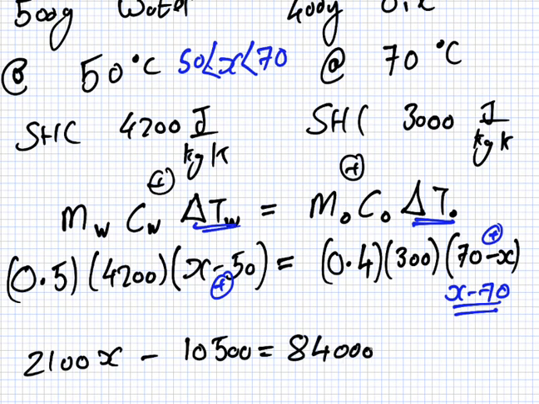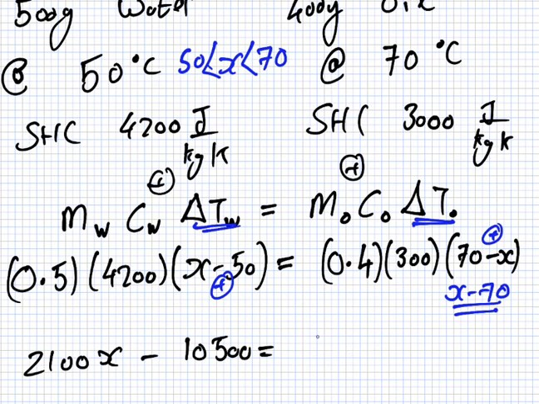Let me check this one here: 0.4 times 3000 times 70.